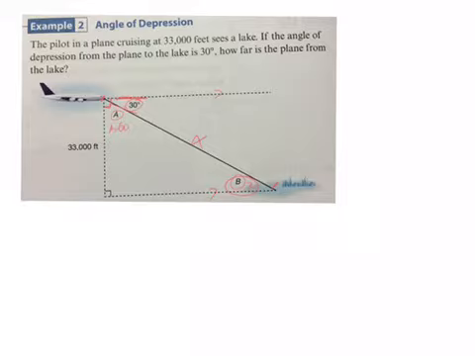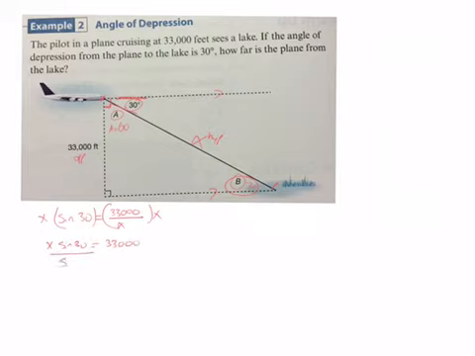So then this is going to be opposite, and this is going to be the hypotenuse. So sine of 30 is going to equal opposite over hypotenuse. So multiply by x, and I'm going to have x sine of 30 is equal to 33,000.